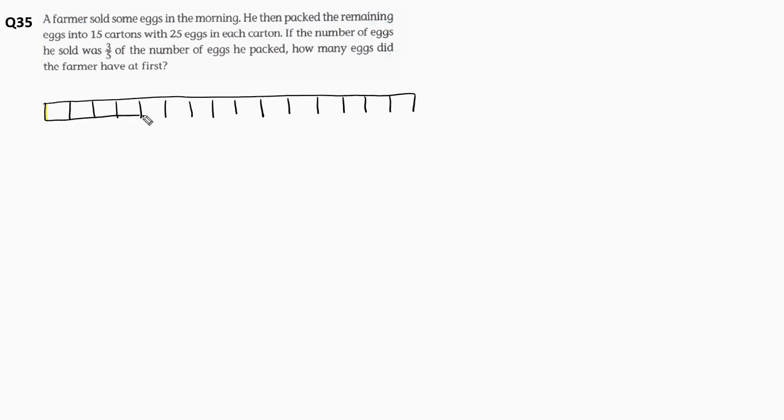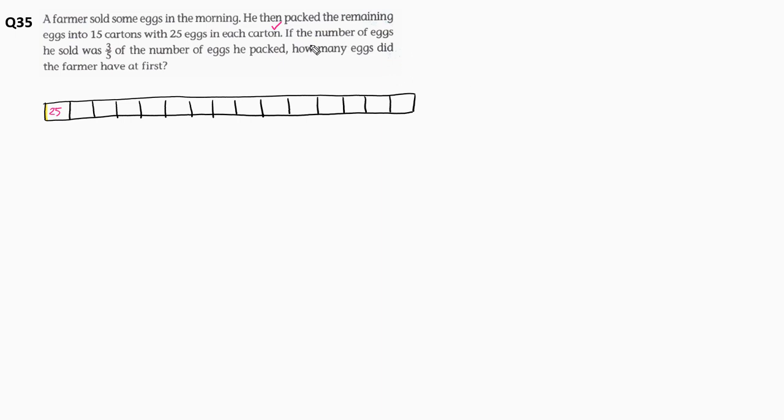Okay, so this bar of 15ths represents the eggs that were packed into cartons. And we know that there are 25 eggs in each carton. All right. And what else do we know? So we've got that bit of information there.